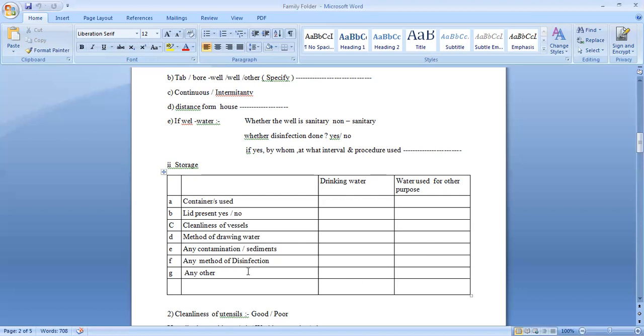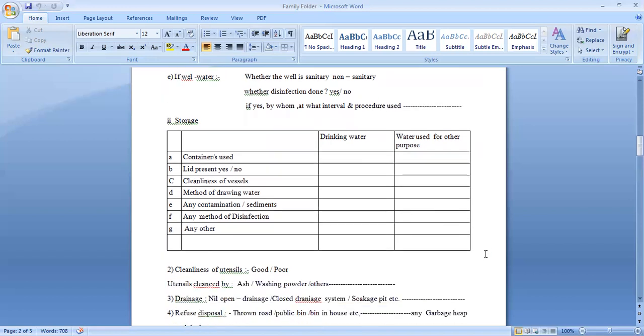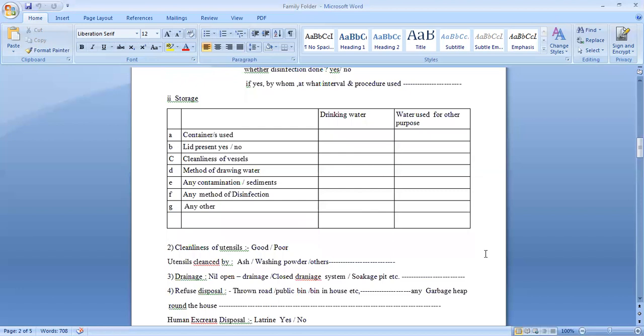Then any method of disinfection which the family members are using inside the house. Maybe they have applied some water filter or any other arrangement for purification or disinfection of water, and you have to mention it here and what exactly that is. Then any other point which you think important regarding the water supply and source, that also you have to mention.